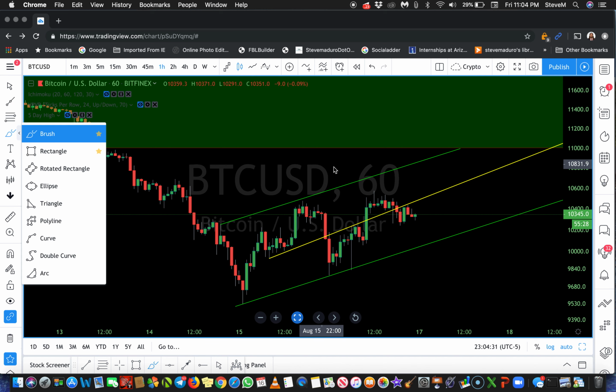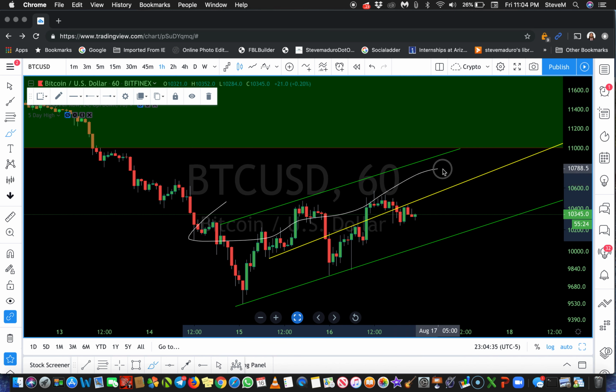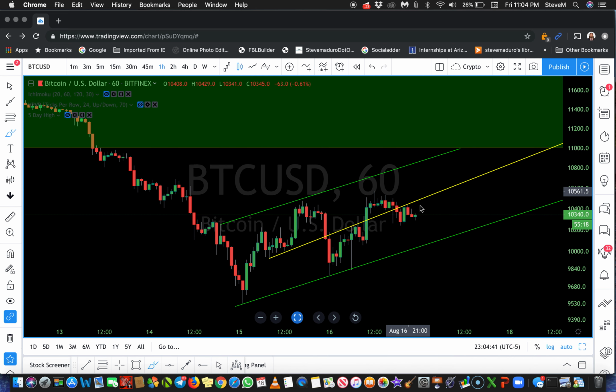So I think that anything that touches this trend line is going to be a sell. So me personally, I'm interested in when it gets here, buy. I'm interested in when it gets here, sell, right? So what I want to do is know when it touches here.